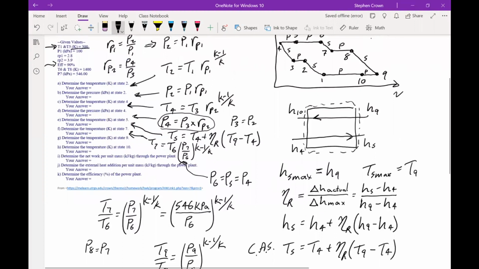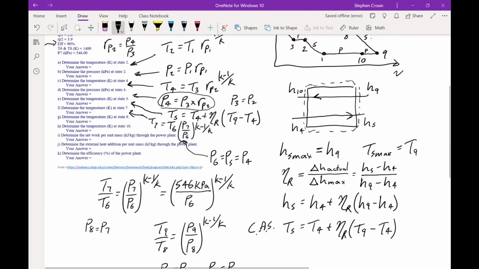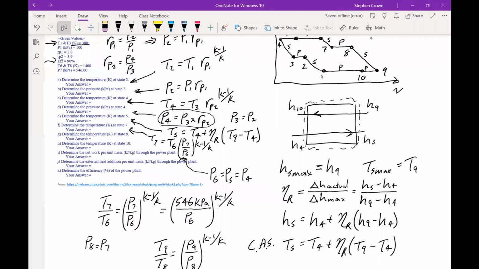So we found that to be 546. So P8 equals P7. And we also note that P9 equals P1, since our last two processes are isobaric. So we had pressure 7 already, it was given. That's the same as pressure 8. And pressure 9 is not given, but we note that pressure 1, pressure 10, and pressure 9 are all the same. So those three are the same.